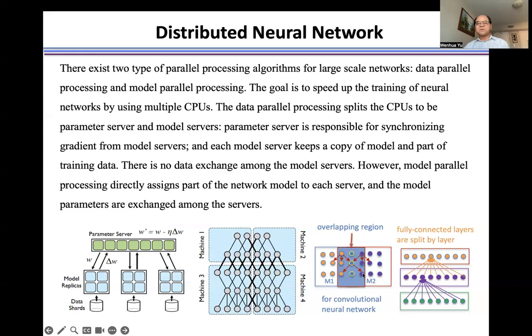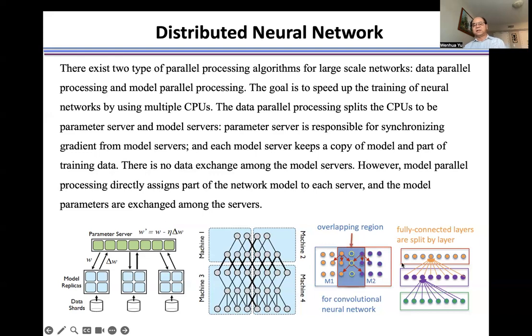That means in this overlap region, we simulate the nodes, the neurons here, two times, but we don't need to exchange data between the two adjacent machines.